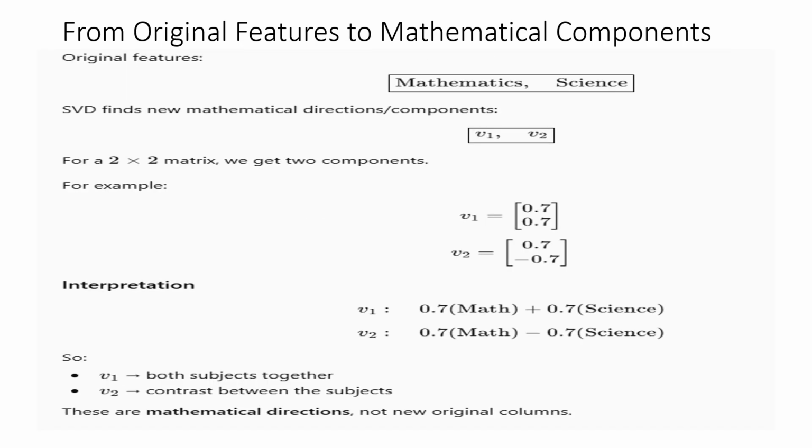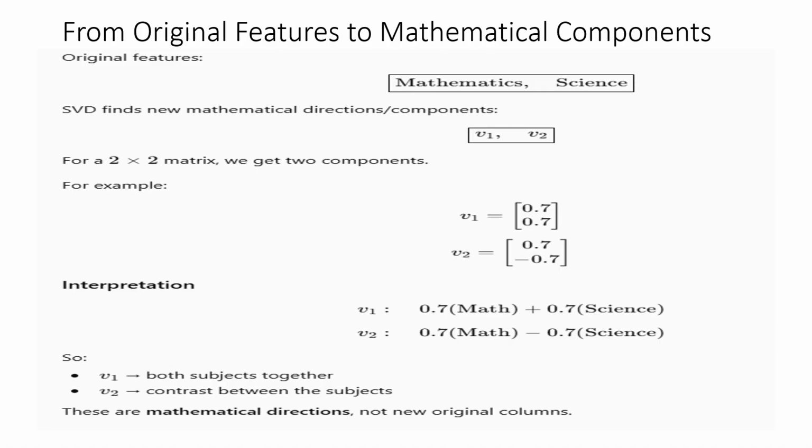Now let us move on from our original features to these new mathematical components. The original features were mathematics and science, but after computing the right singular vectors, that is V raised to T, we get some mathematical directions or components.